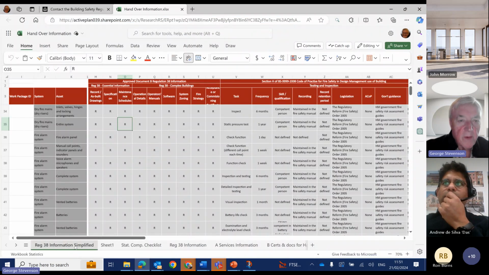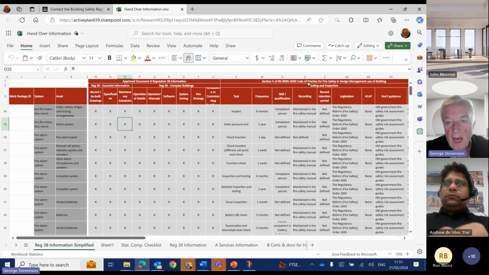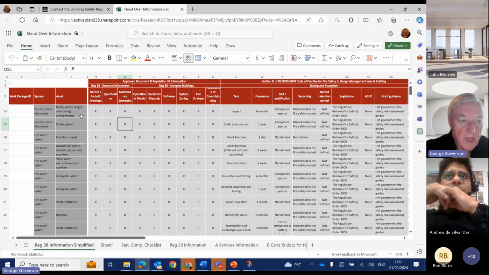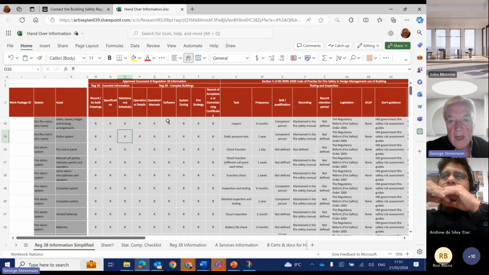We've been going through Regulation 38 and also BS 9999 to look at what information's needed for the different systems and the elements in the systems, and then using this as a mechanism to be able to validate whether that information has actually been provided or not. I'll just bring that down a little bit so you can see it more easily.